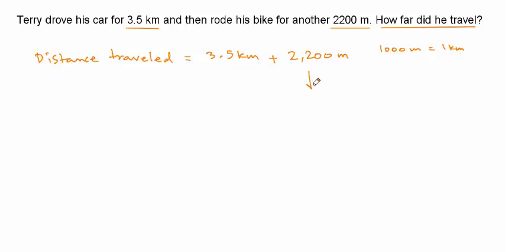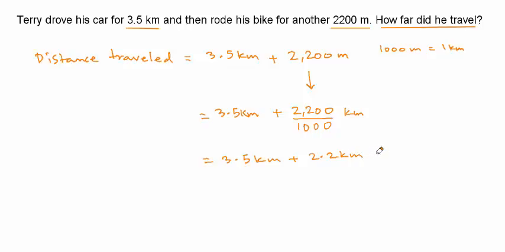So this is equal to 3.5 kilometers plus 2,200 divided by 1,000 number of kilometers, and that's equal to 3.5 kilometers plus 2.2 kilometers. So the total distance traveled is 5.7 kilometers.